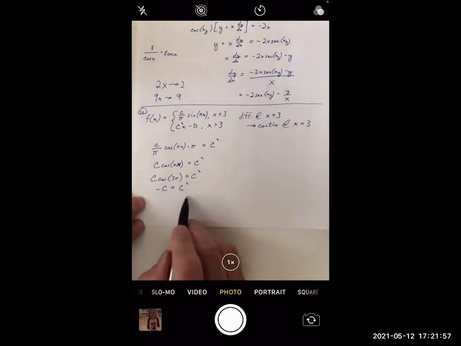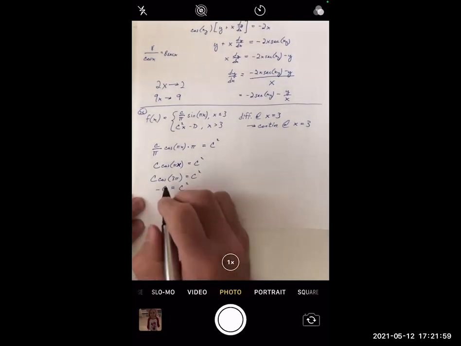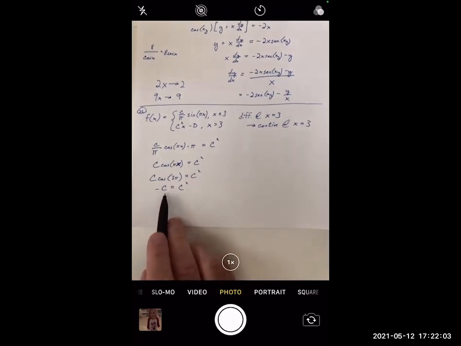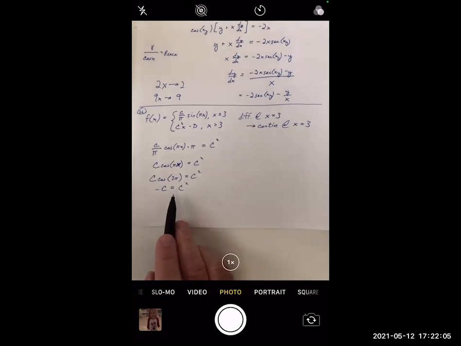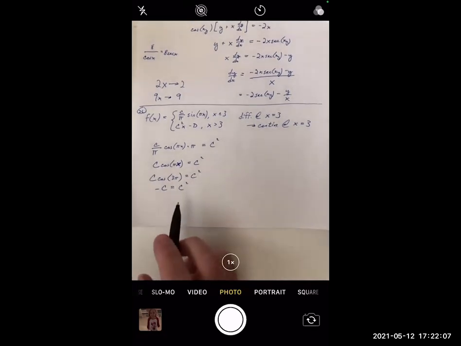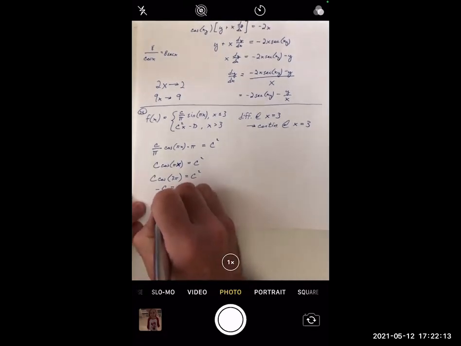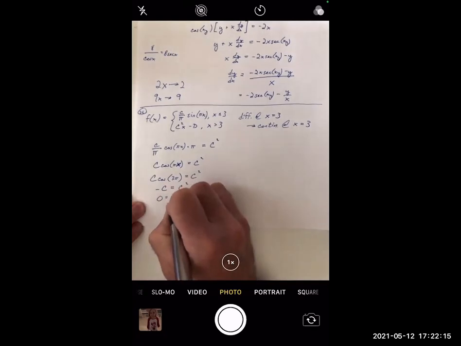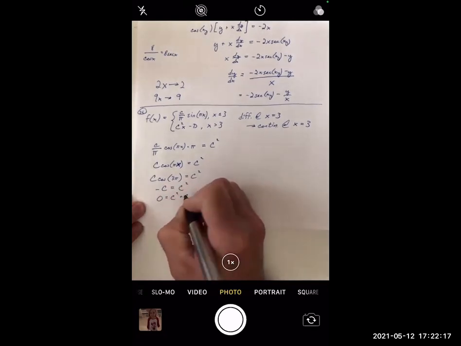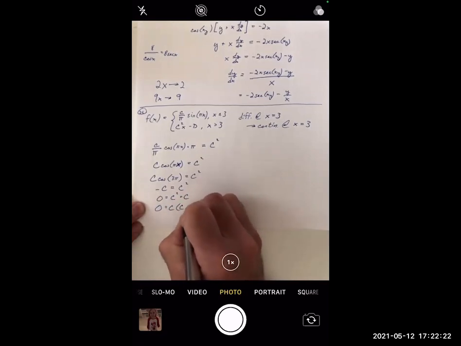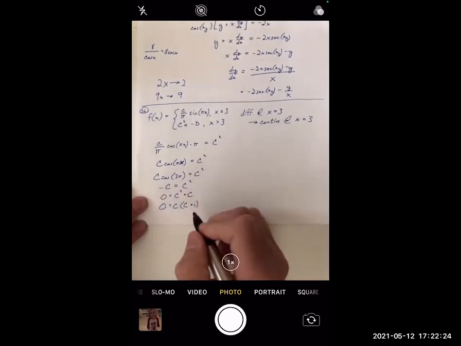Now you can move the negative c over to the right. Don't divide by a c, because right now, at this step, what kind of equation do we have? It's a quadratic, so you need to set it equal to 0. Factor out a c.